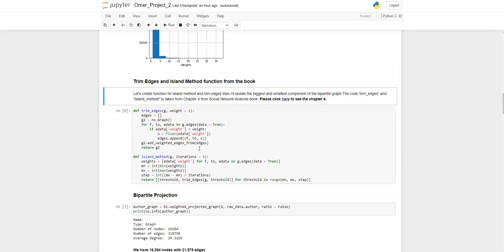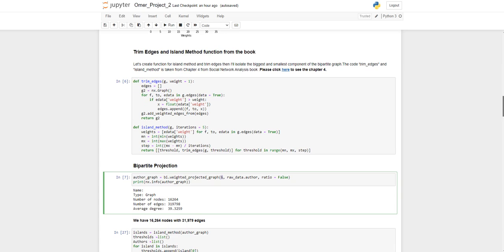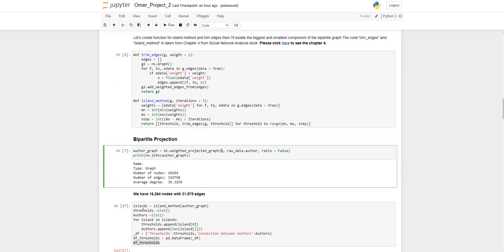Next, I'm creating a weighted projected graph, defining my object as G, and then looking at the raw data that I imported and the attribution from there, and I can see that I have roughly 16,264 nodes and roughly 32,000 edges.